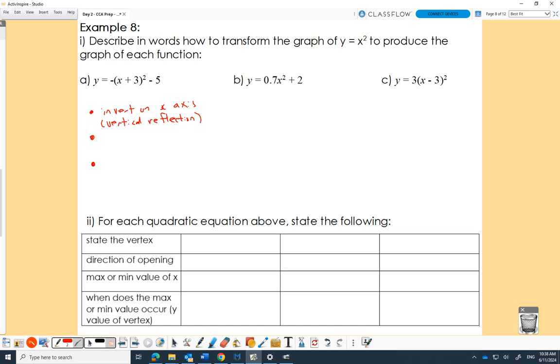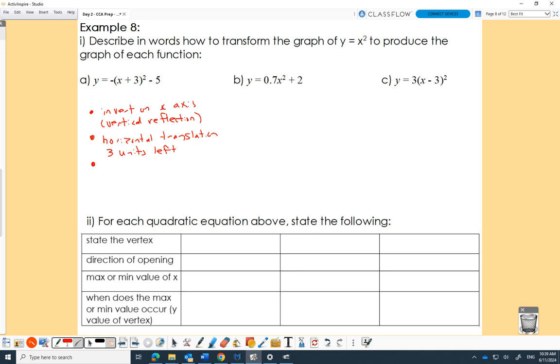3 units left. So that's a horizontal translation. 3 units left. Lots of this coming in grade 11 and 12, by the way. I just did this. We learned a new crazy function in advanced functions, the grade 12 course. And then we did these exact transformations. You would have followed the second half of the lesson.